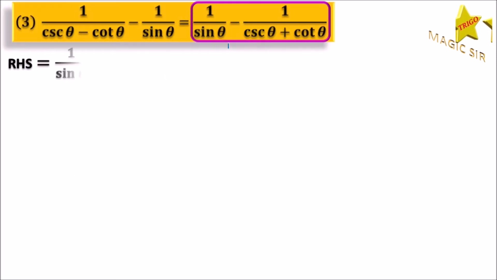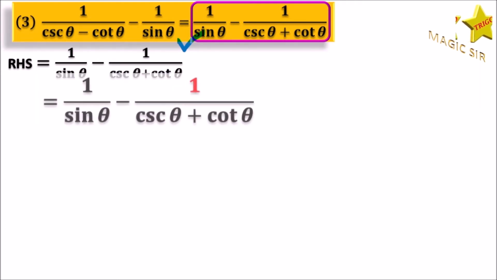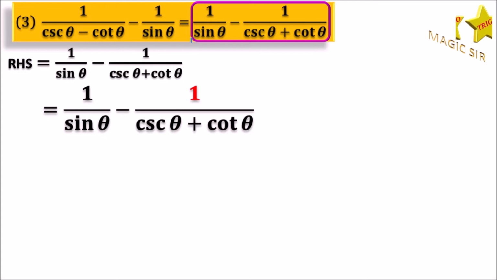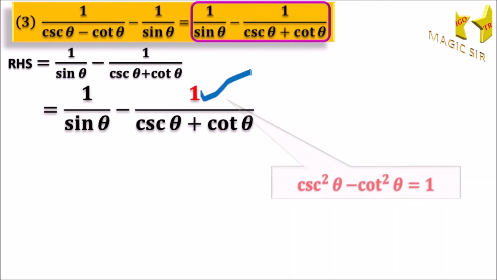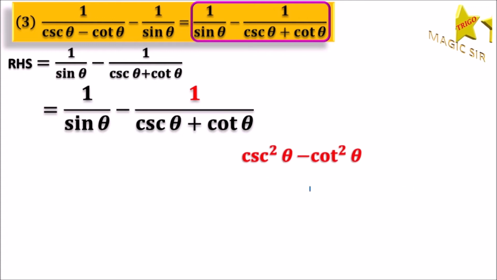Now let us take the right hand side of the equation. Again use the identity involving cosec theta and cot theta. We know that cosec square theta minus cot square theta equal to 1.